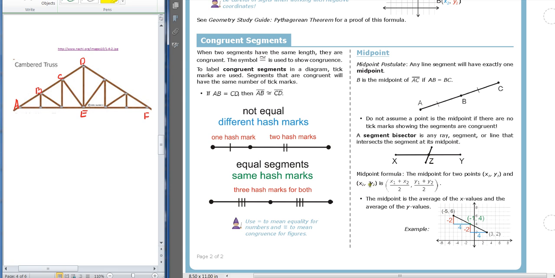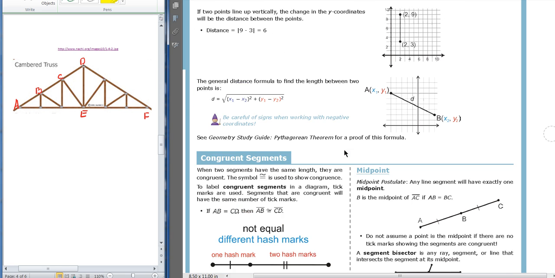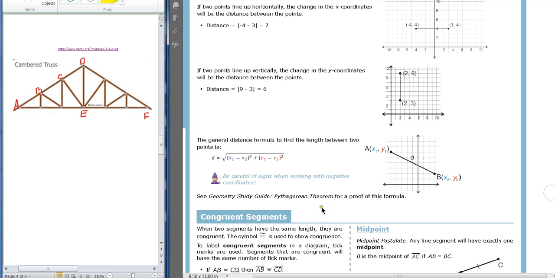The midpoint is x1 plus x2, x1 being -5 and x2 being +3, divided by 2, comma, y1, 6, plus the y2, 2, divided by 2. Okay? Now, you'll be using the midpoint formula and the distance formula when we start working with the triangle relationships. All right, that's it for this video.